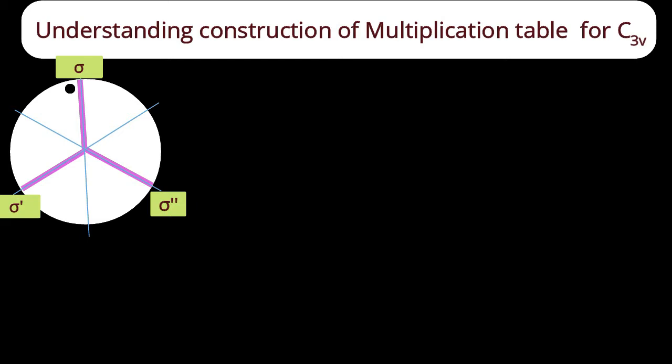If I rotate this molecule by 120 degrees in the anti-clockwise direction, then that knot will come to the lower side of the left NH bond. Similarly, if I continue the rotation by a further 120 degrees, total 240 degrees, then that knot will come to the upper side of sigma double dash.